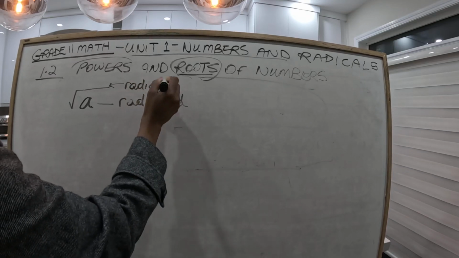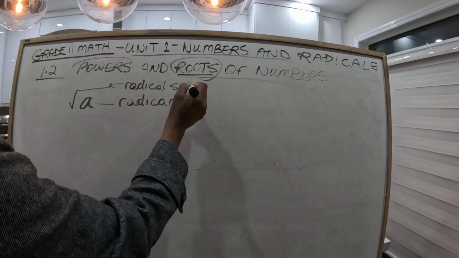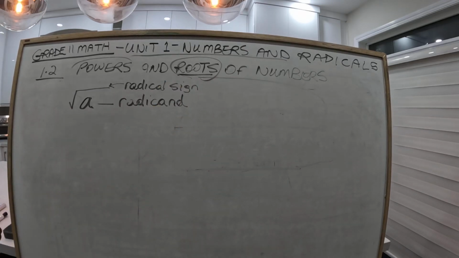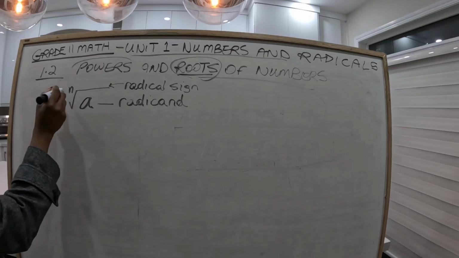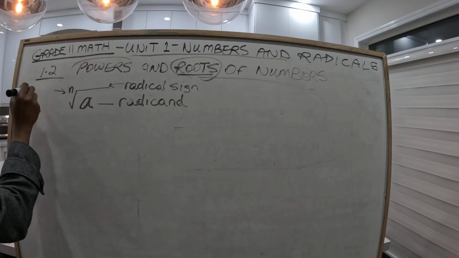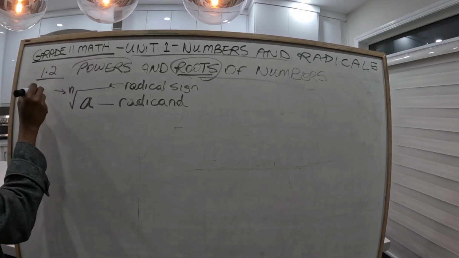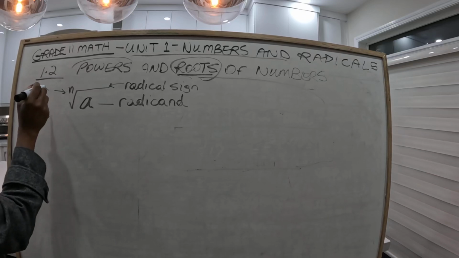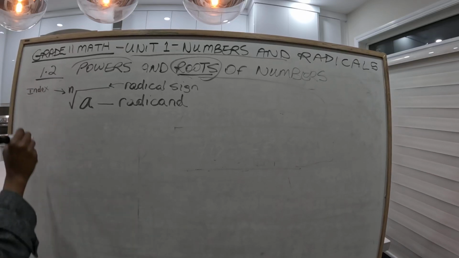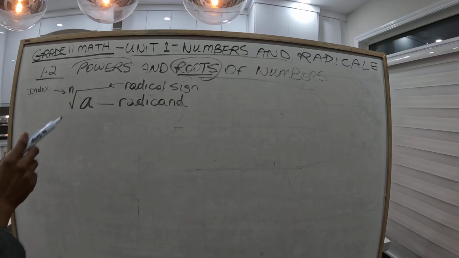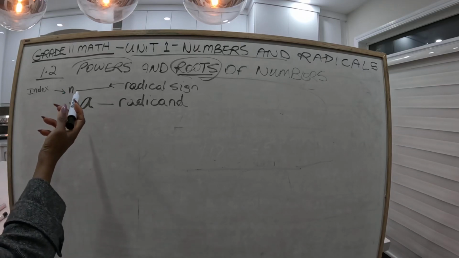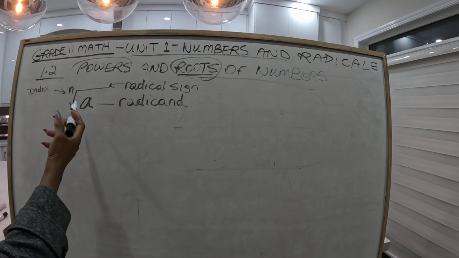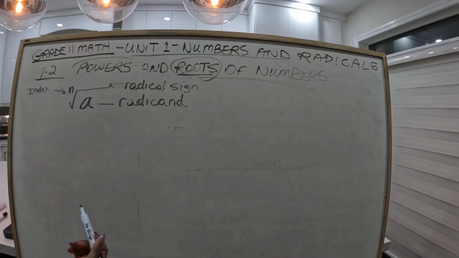It tells you what you're going to be doing with that number. And then here is what we call n, which is called the index. This is what tells you how many times you're going to be reducing that number. So in this case, if it was 125 and this was 3, you know that we're reducing it 3 times, and then the answer would be 5.